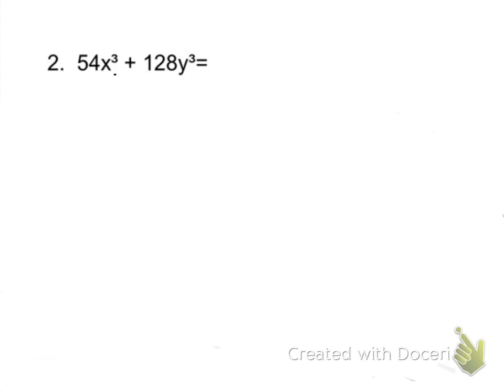So we're going to divide both of these things by 2. And we also have a plus sign, so instead of a difference of cubes, we have a sum of cubes. So let's first factor out our 2. So we have a 2, and then you're going to have 27x cubed plus 64y cubed.